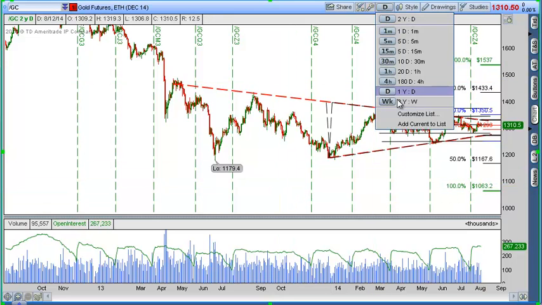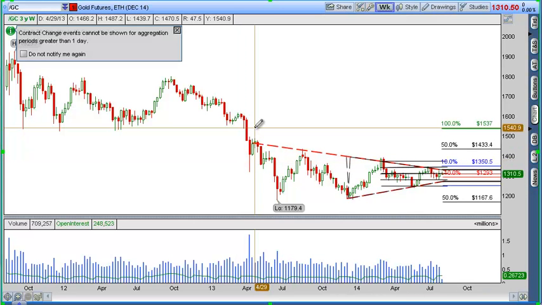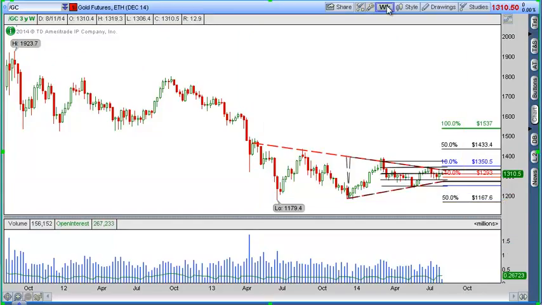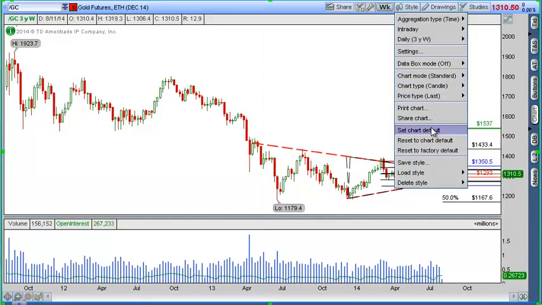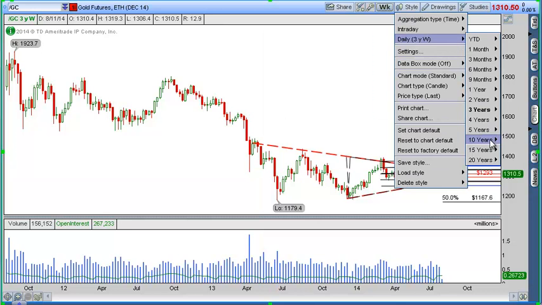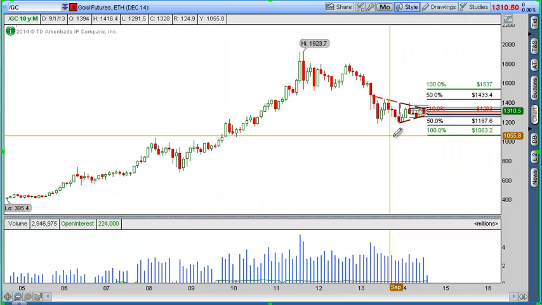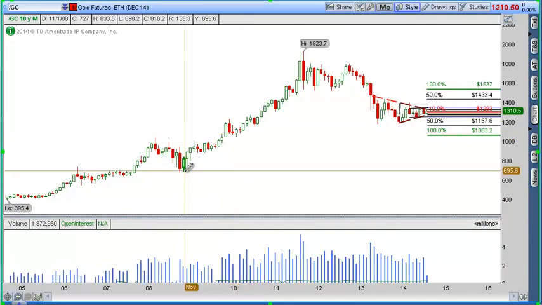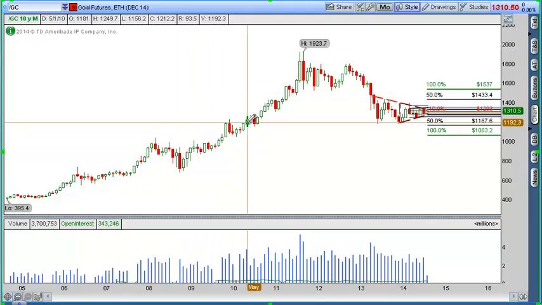When's the last time we were at 1,063 or at that level? Haven't been. 50%'s been there. Let's go back even further. Looks like we have to go back to 2009. So 2009 in the run-up, that's where we saw that.